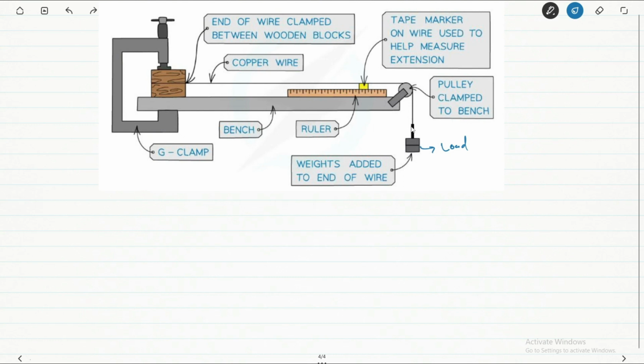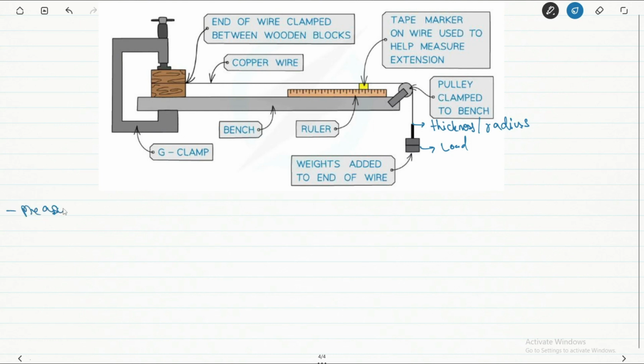Now another thing that we do is measure the thickness, or radius, right? Radius is measured, and we take the cross-sectional area using the formula of circle area. So here are the steps.